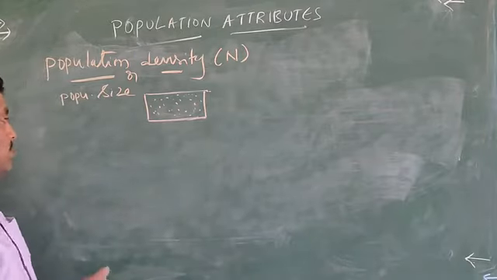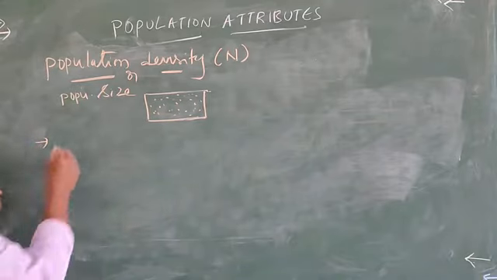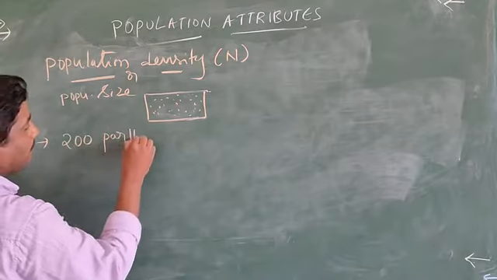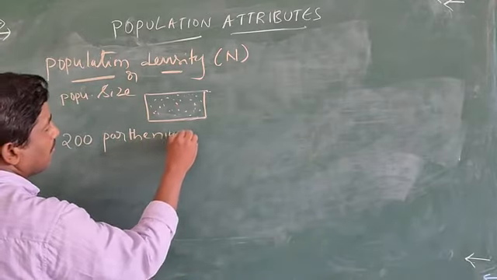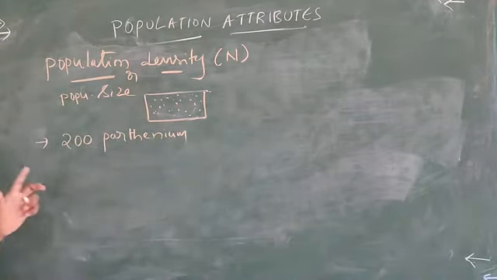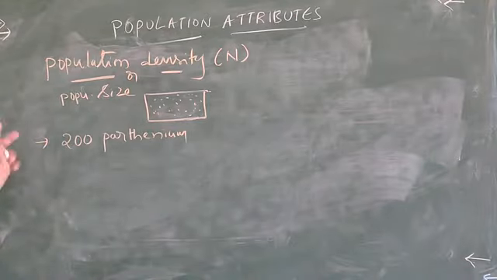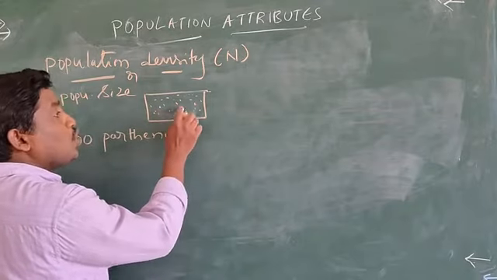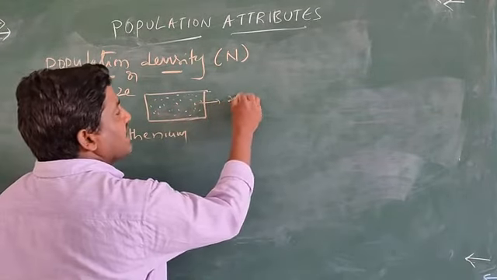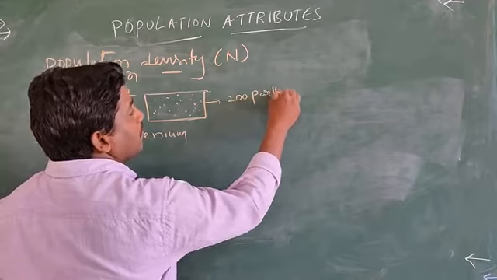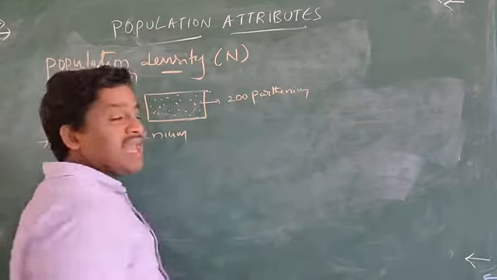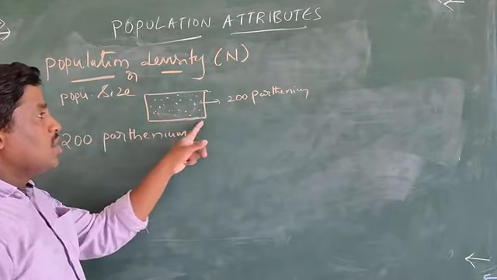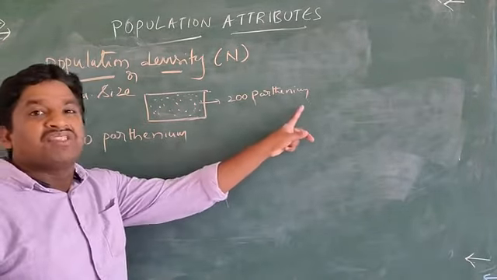Suppose, for example, in an area 200 parthenium plants are growing.